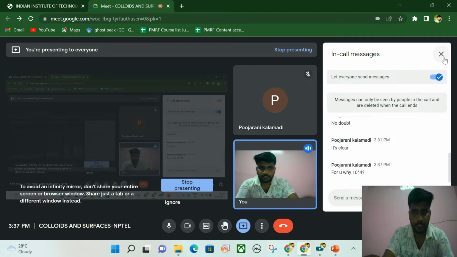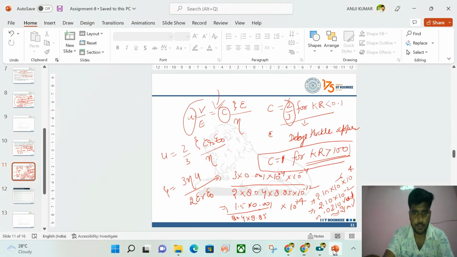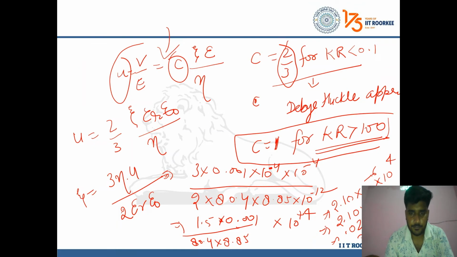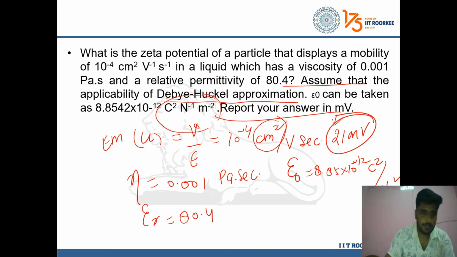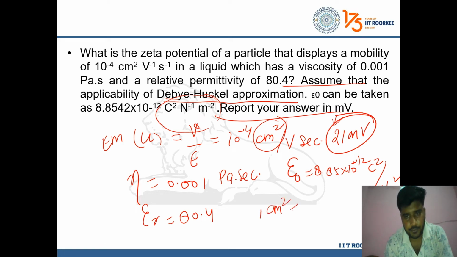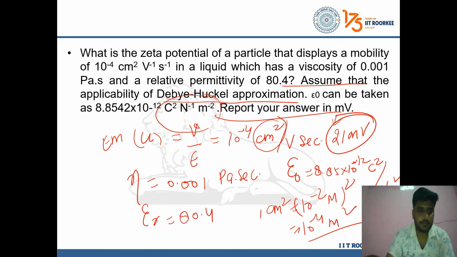Here the value is given in centimeter square. You have to convert to meter, because all the units are in MKS. So you have to take 10 raised to minus 2 meter square, that will be 10 raised to minus 4 meter square.